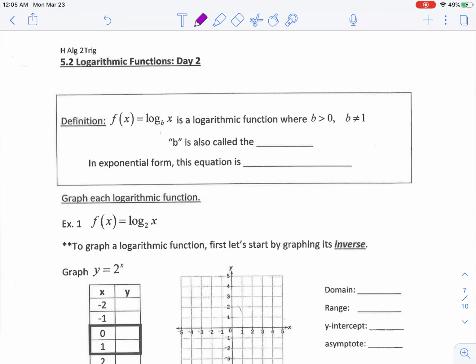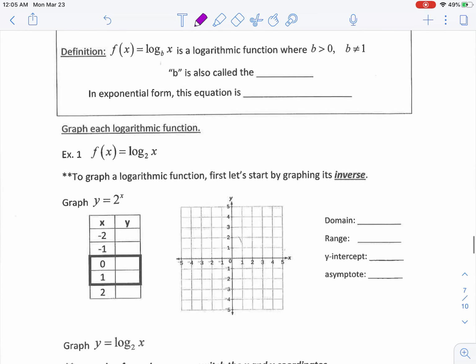Okay. I do want to scroll forward into the 5.2 log functions day 2, and I just want to talk a little bit about our graphs. Okay. So log base b of x is a logarithmic function where b is greater than 0 as long as b doesn't equal 1.